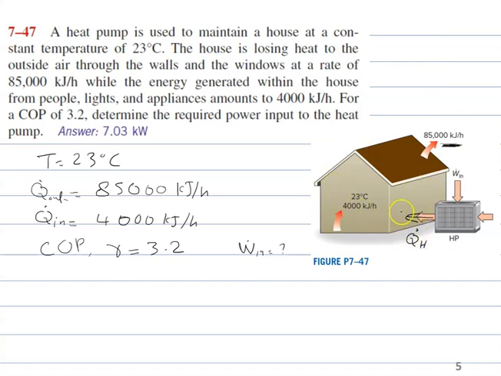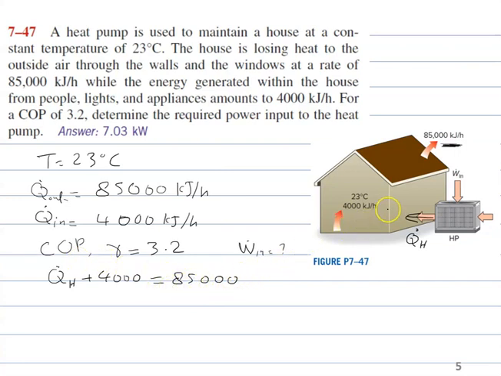Okay, so the conservation of energy says that energy in equals energy out. So QH plus 4,000 equals out, 85,000.